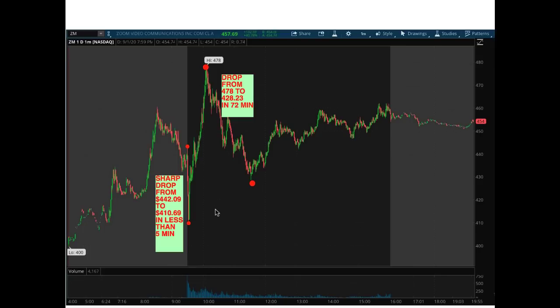In that last video about shorting Zoom on the bounce, I specifically said short the open. So the stock opens right here at 442.09. In under 5 minutes, guys, it drops to $410.69. So this is the move from here to here.